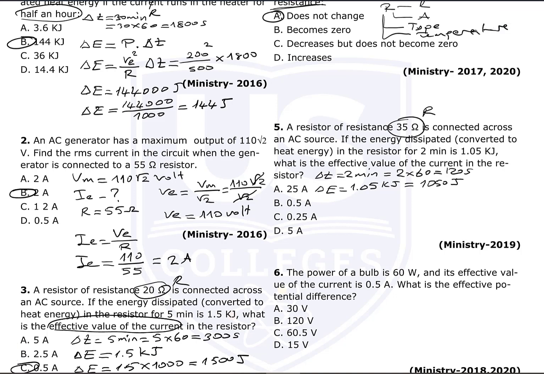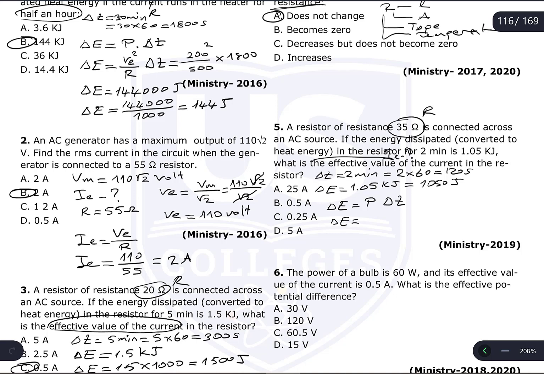Then I'm going to use the energy equation. Energy dissipated is the power of the resistor multiplied by delta T. Because the effective value of the current is the question, I'm going to write the power in terms of the effective value, which is effective current squared times R, multiplied by delta T. Energy is 1050, R is 35, delta T is 120.